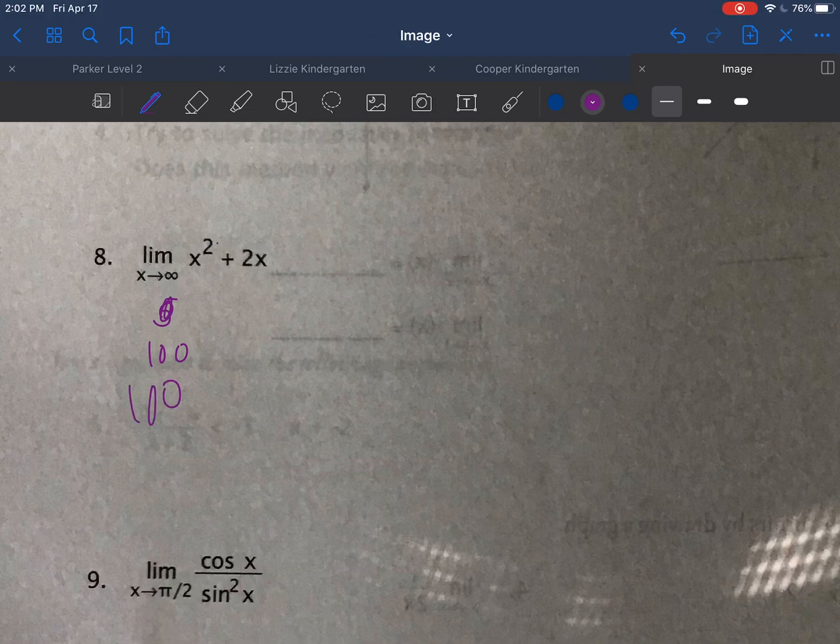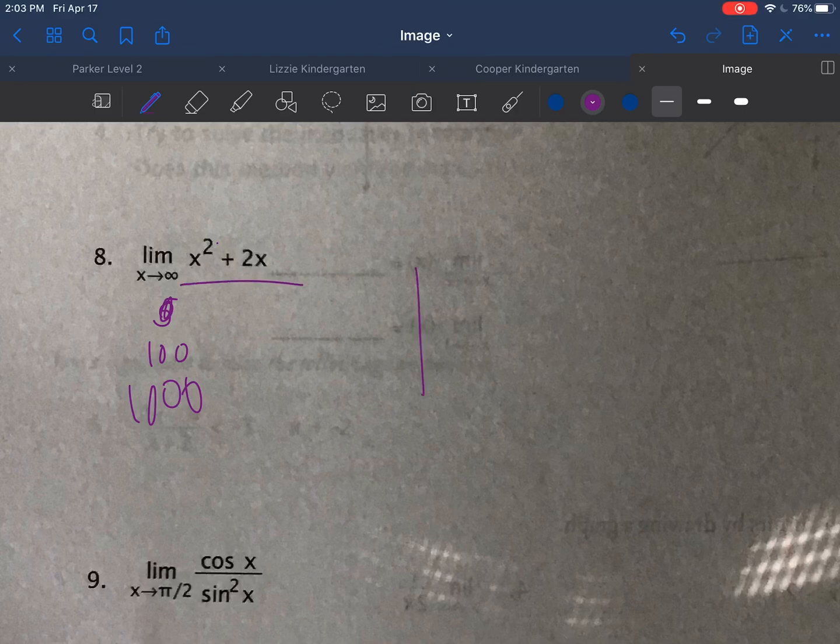If I plug in 1,000, that's going to give me a really, really big number plus 2,000. The bigger my x's get, it's just going to keep getting bigger. I literally cannot think of a very large number for x where my y value will get smaller. Everything about this is in an increasing motion.